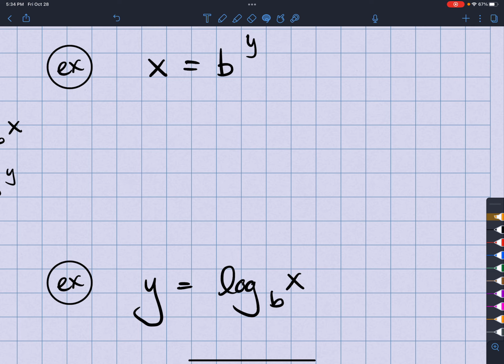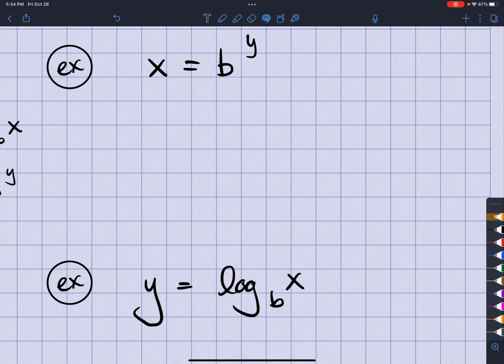Yes. Okay, so let's do that. So 4 is going to become 2 squared, right? Okay, great.